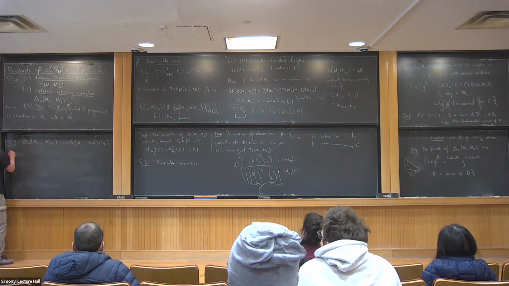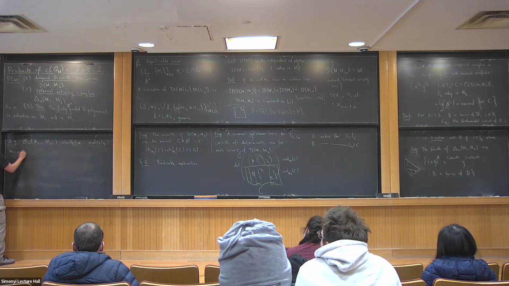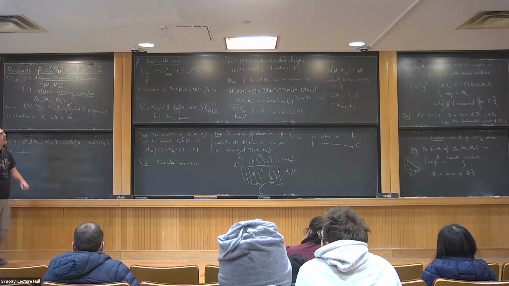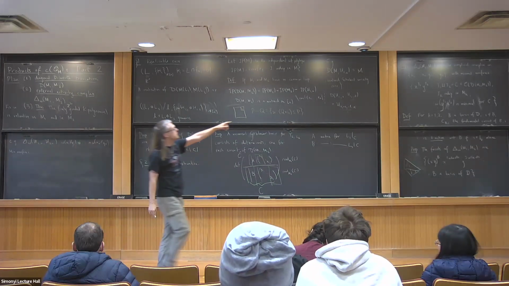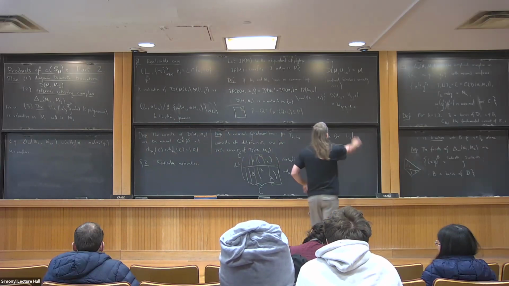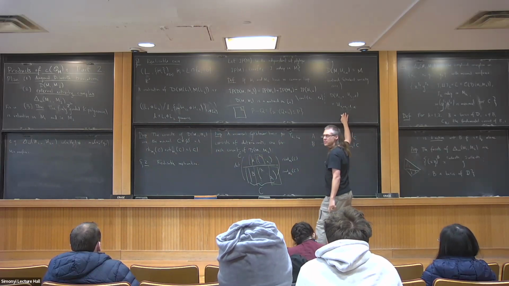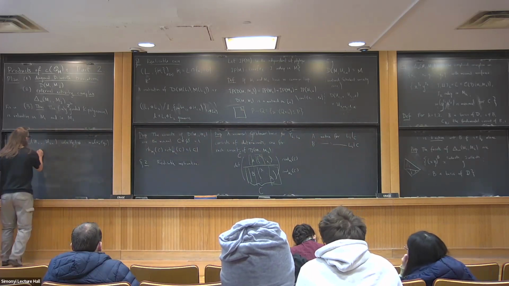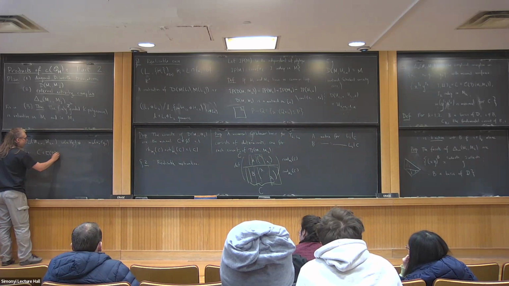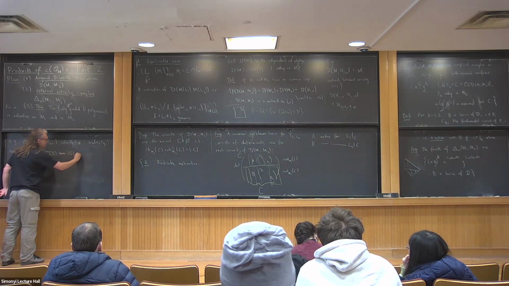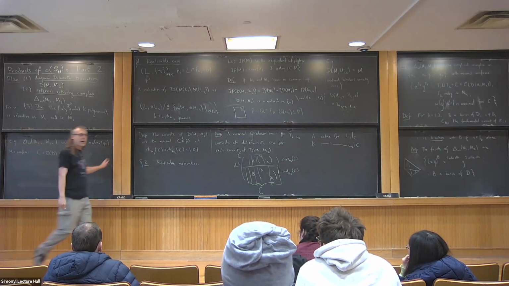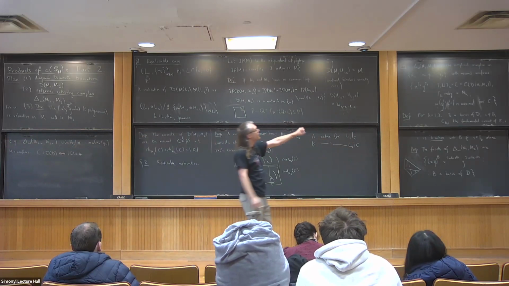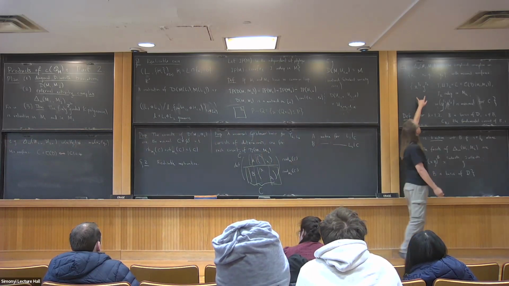Okay, so minimal non-faces. Well, I have to take circuits of D and color them. D is U3N, so circuits of D are 4 sets. And so now I want to color my 4 set. I want to break it into independent sets.